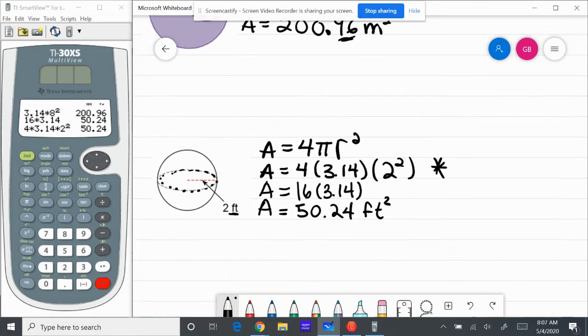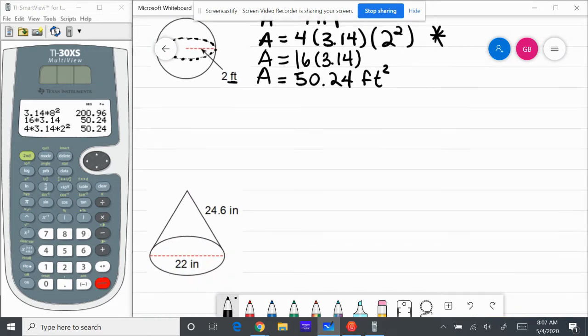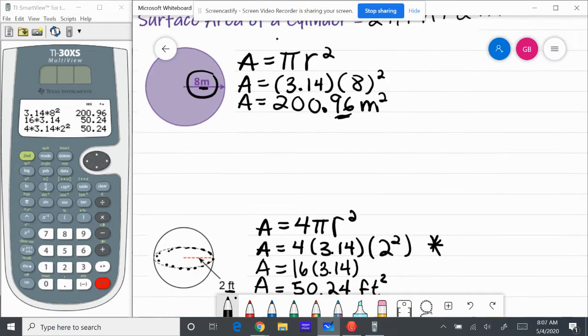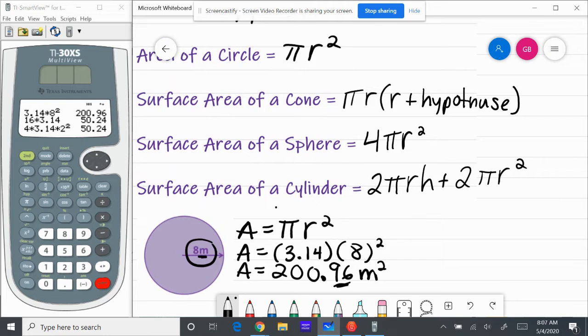Okay, next example, we have this shape here. This is a cone, just like ice cream cone, just like, reminds me of Jack in the Box. It's just a cone. So let's get the formula first. Surface area of a cone, it's pi r times r plus the hypotenuse.